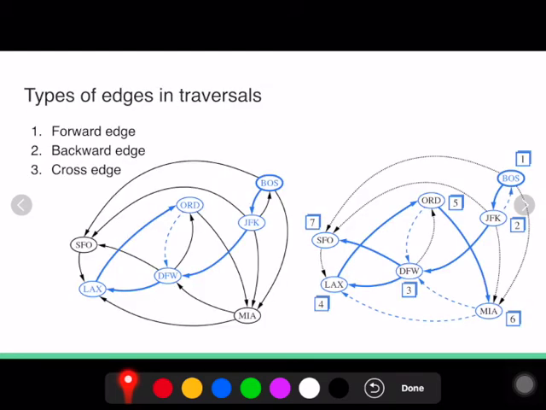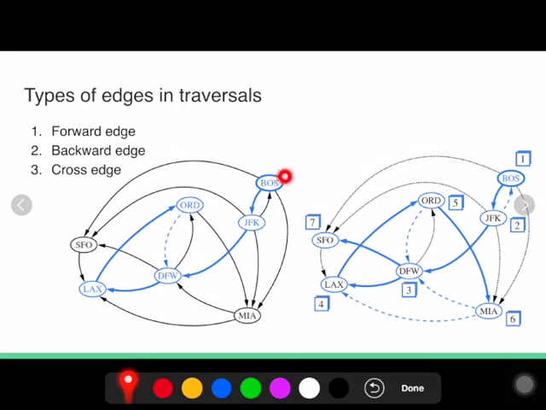So when we are looking into graph traversals, what are the different edges that are possible? We are going to look into some examples. I have taken a simple example here where multiple cities are given and the roads that are connecting these cities are given. So when we are traversing, the blue lines here are the forward edges. That means these are the ones that are taken.